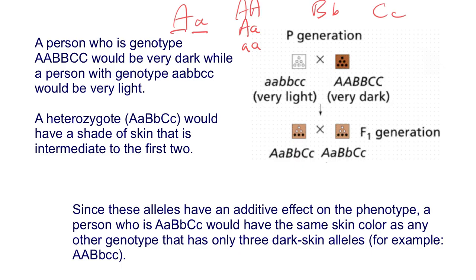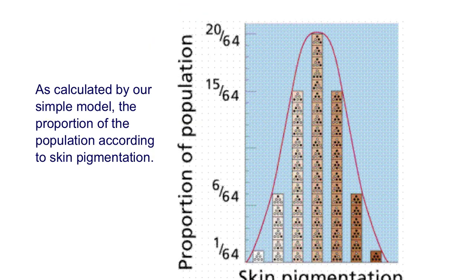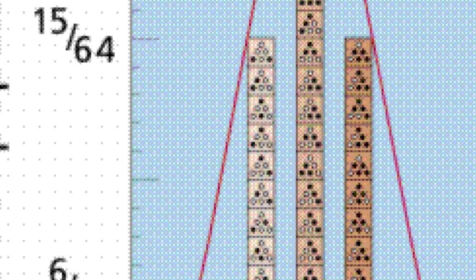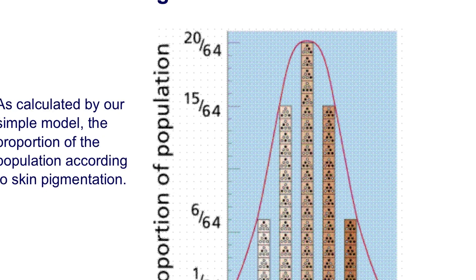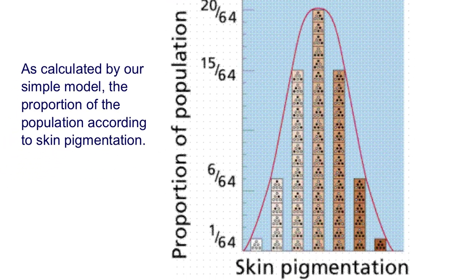Okay, so we're not going to do any crosses with that, but this next picture shows, I don't know if you can zoom in on it, whatever. It is showing the distribution in skin pigmentation or skin color amongst a population of people. And you can see that there's a bell-shaped curve with most people in this population having that color skin.